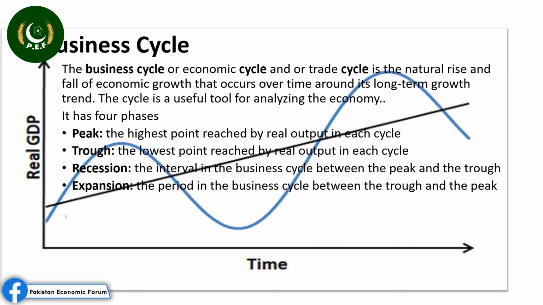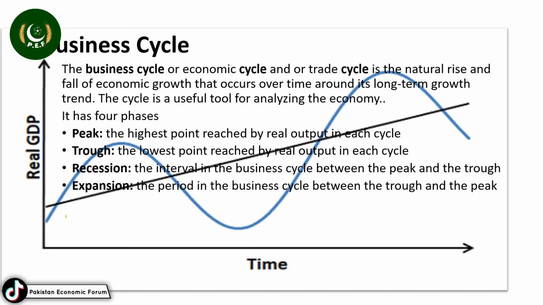Recession, which is the interval between the peak and trough of a business cycle. That is, when the output level is falling from the highest point and moving towards its lowest point. The expansion, which is a period in which the business cycle moves from trough to peak.